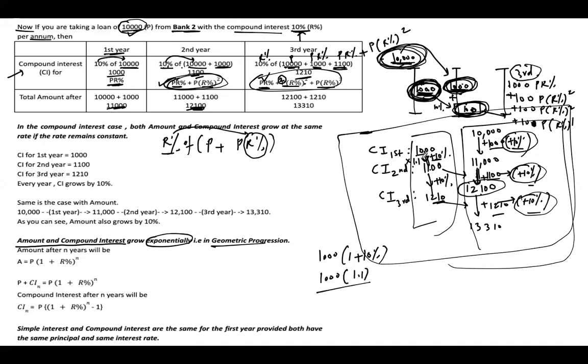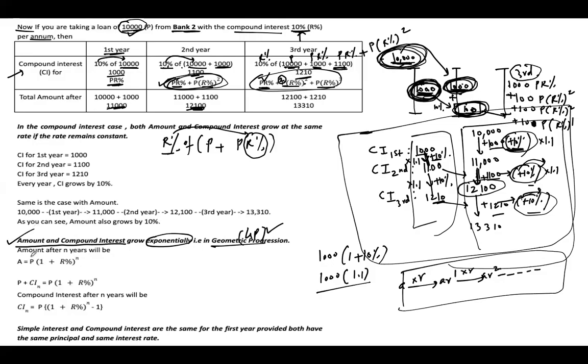That means we are multiplying by 1.1 here. Similarly, we are multiplying by 1.1 here, and again by 1.1. So this is nothing but a GP: 1, 1.1 square, 1.1 cube. Say we are multiplying by R, then R, and so on.